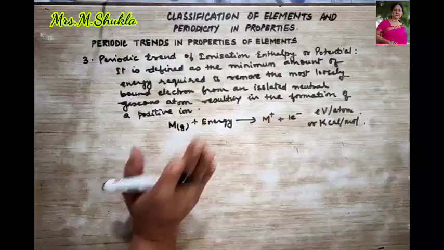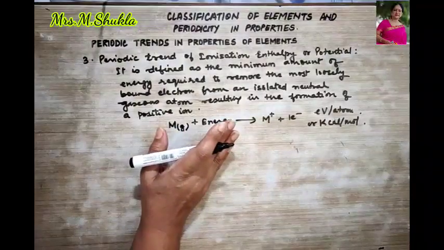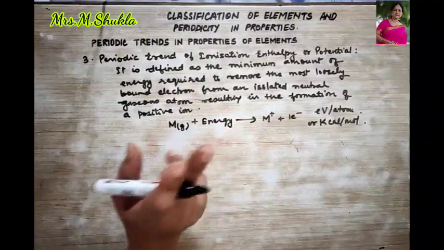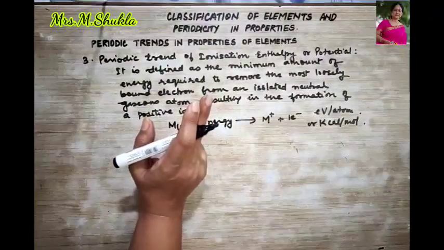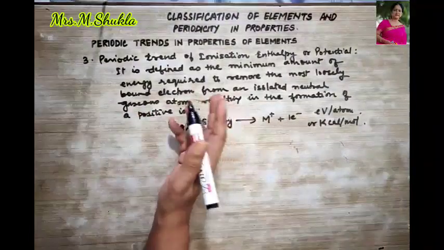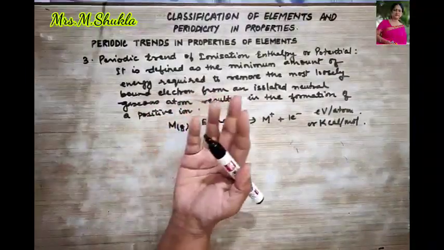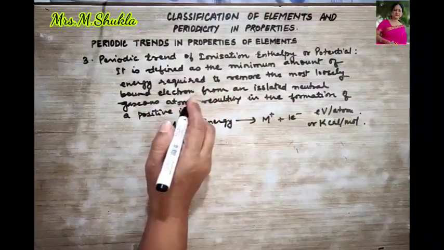Where what? The first ionization enthalpy is related to the removal of one electron from the valence shell of the gaseous atom, and then it is possible to remove second or even third or even more electrons from the same atom.